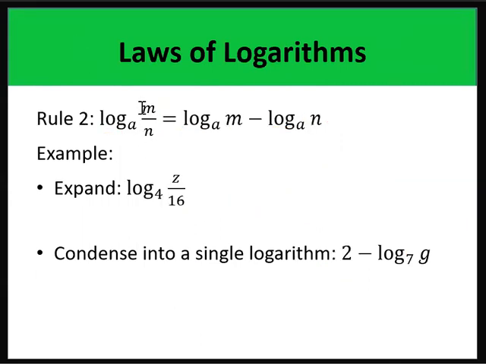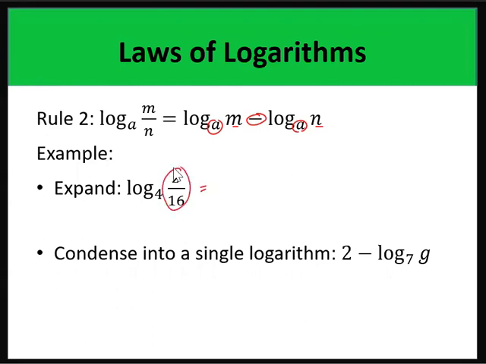Now, for the second rule, if we have the logarithm of a quotient m over n to the base a, this can be expanded as the difference of the logarithms of the numerator and the denominator to the base a. For example, let's expand the logarithm of z over 16 to the base 4.